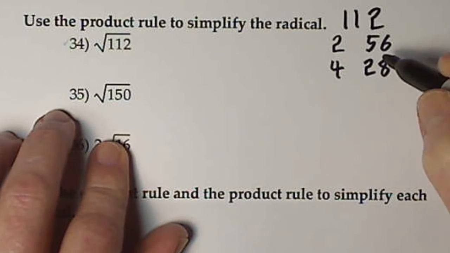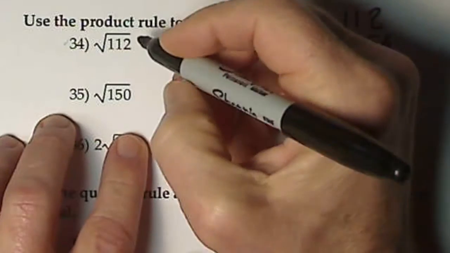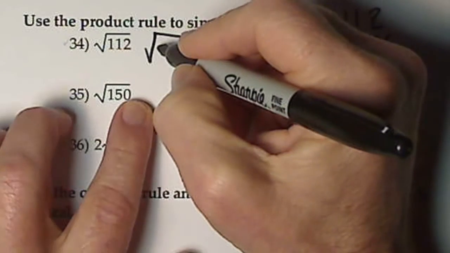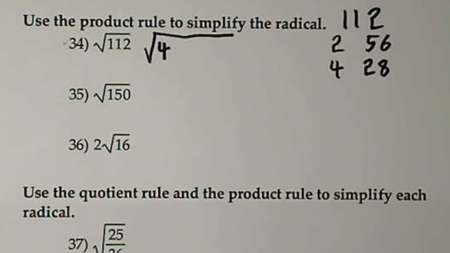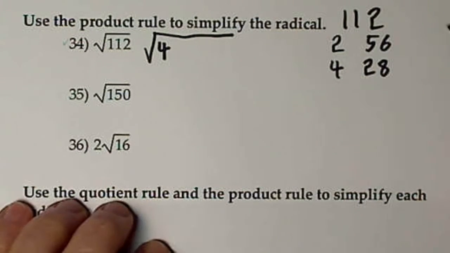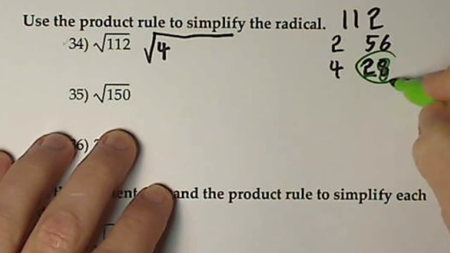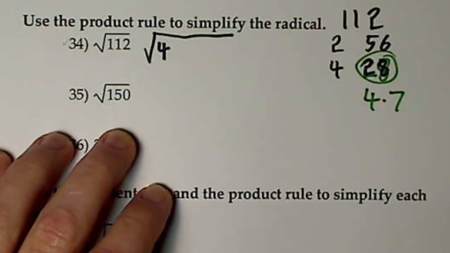So I could actually rewrite this 112 as 4 times 28, all right? That is 4 times 7, right?